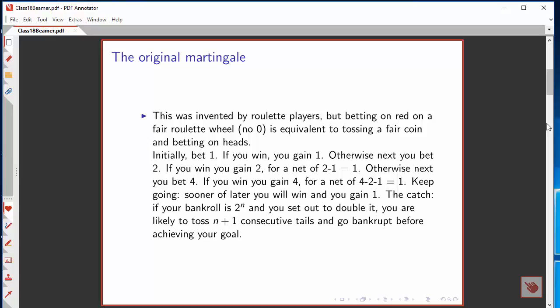And if you set out, say, to win $1 million using this system by playing for a long time, and you've only got a couple of $1 million backing you up, you've got a significant probability of going bankrupt before you achieve your goal.